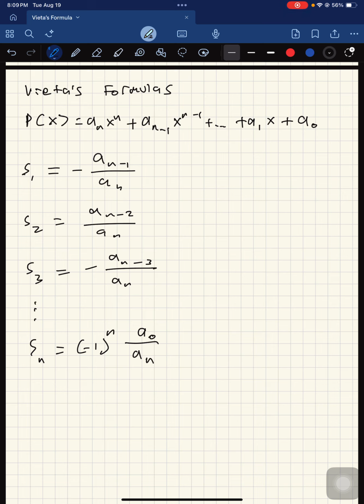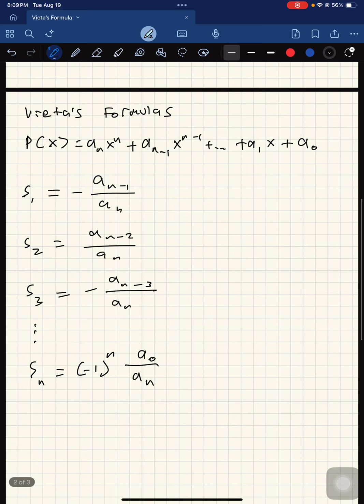You can see over here that the negative sign just alternates. From S1 to S2, the value gets multiplied by -1, if you can say that. There's a negative sign in S1 and then there's no longer a negative sign in S2, and this pattern just keeps going on.